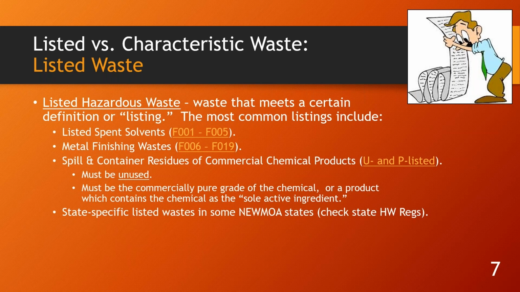The thing about the listing that makes it significant is because, first of all, there's no test that determines something is an F001 waste. The characteristic waste have a D code on the manifest. The listed waste have F, P, or U code. There's no test to determine whether or not it is a listed hazardous waste.